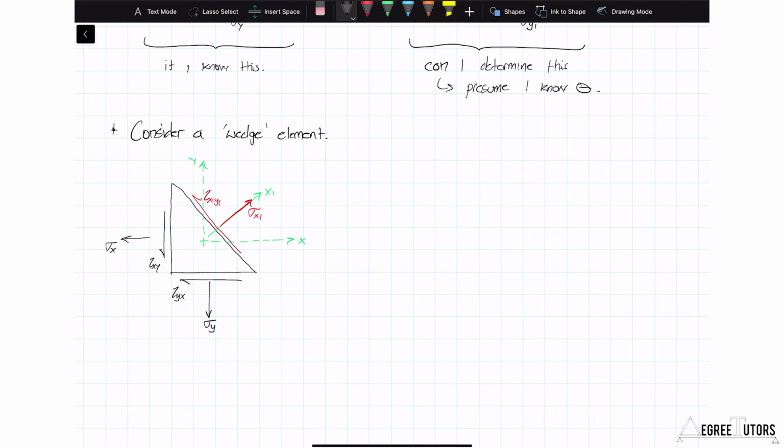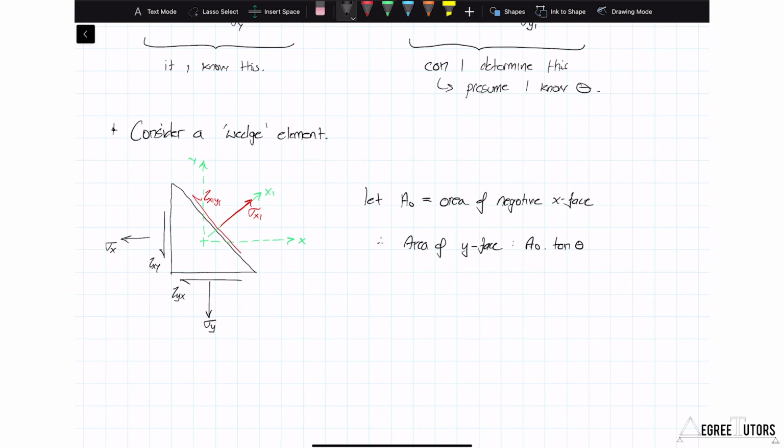We're going to say that the area of the negative x face is going to be A0. That means the area of the y face is going to be A0 times the tan of theta.